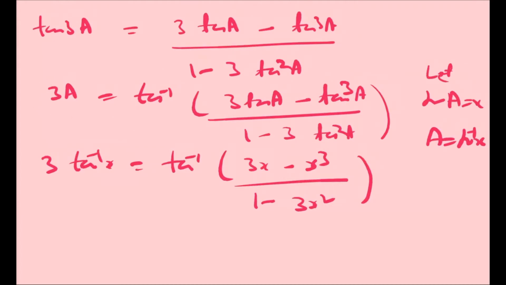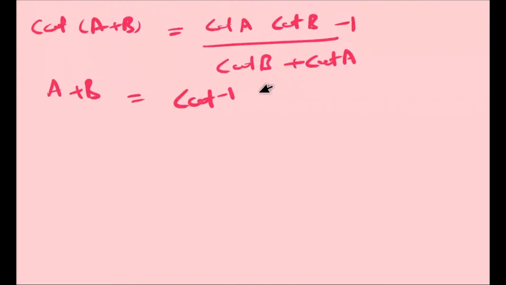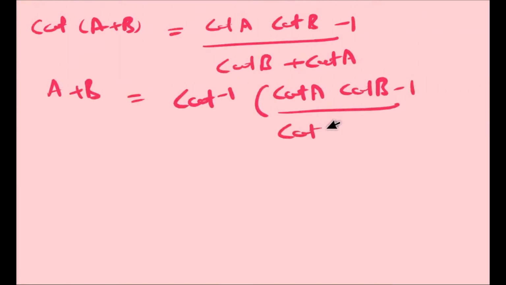Okay, so now I am asking you about cot(a + b). What is the formula of cot(a + b)? That is (cot a cot b minus 1) upon (cot b plus cot a). So we can say a + b equals cot⁻¹((cot a cot b minus 1)/(cot b plus cot a)).